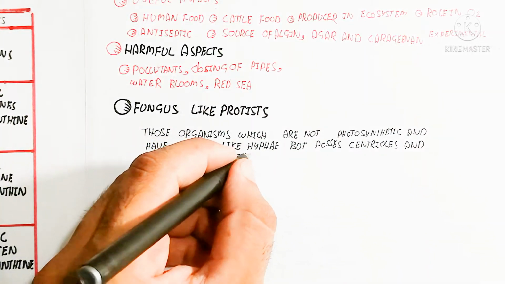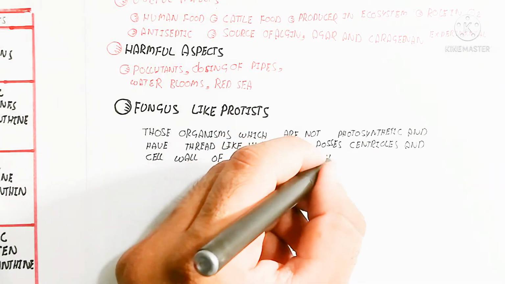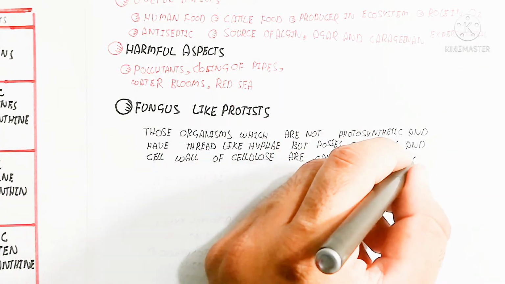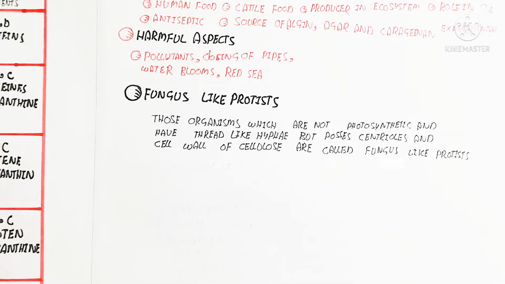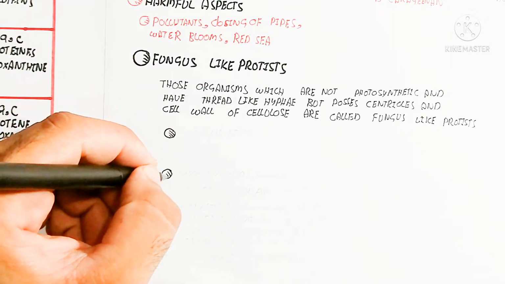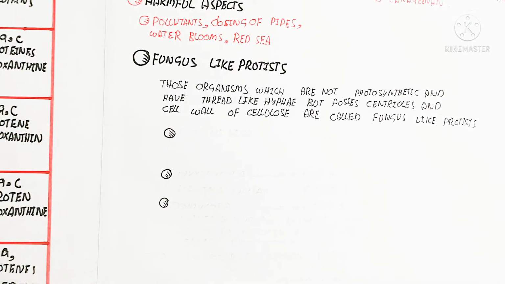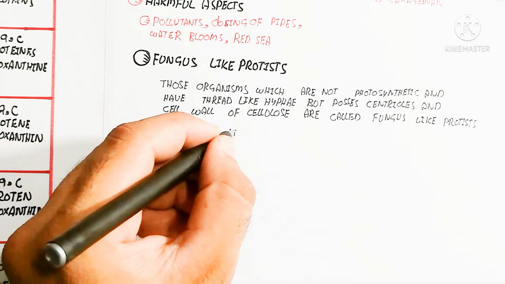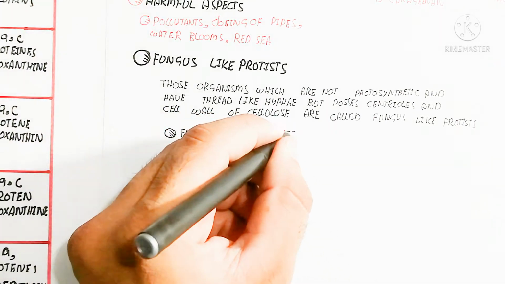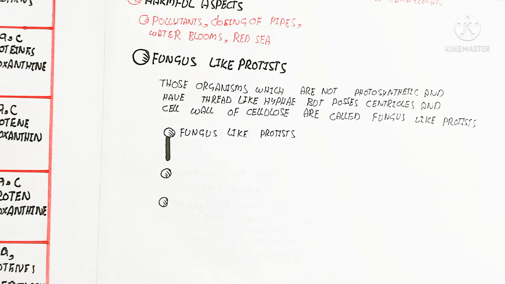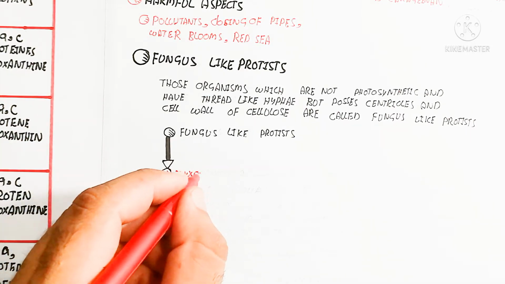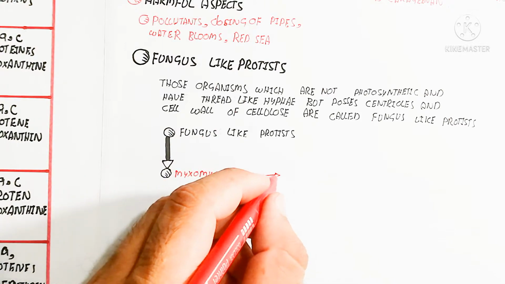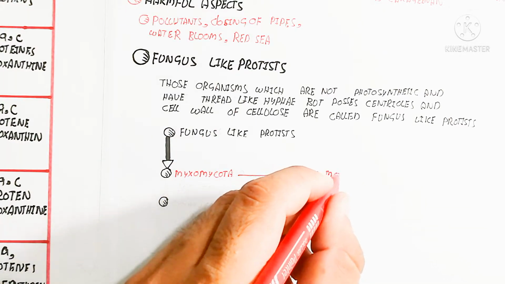The cell wall is basically of cellulose, or chitin-containing, something which looks like a fungus. This is the last topic and we will cover the whole kingdom Protista. So the fungus-like protists contain myxomycota and oomycota.